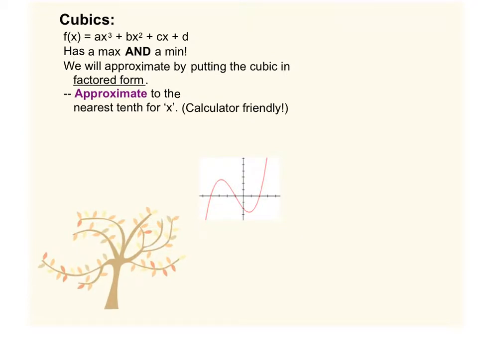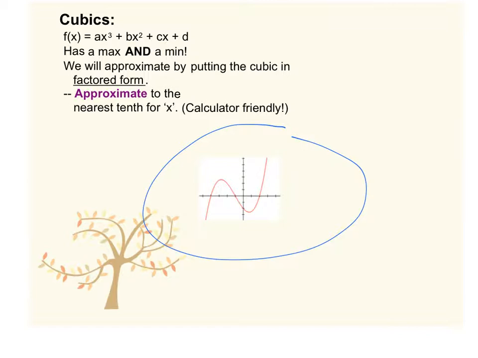Really, at the end of the day, it's an approximation. We have to be clear as to what we're looking for because most cubics have a maximum and a minimum. As you can see in the graph down here, those tails go in the opposite directions, leaving a max and a min.